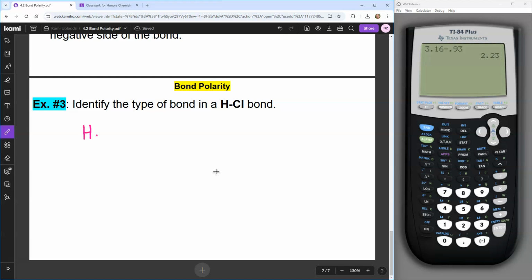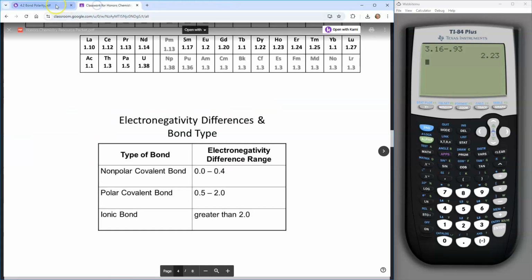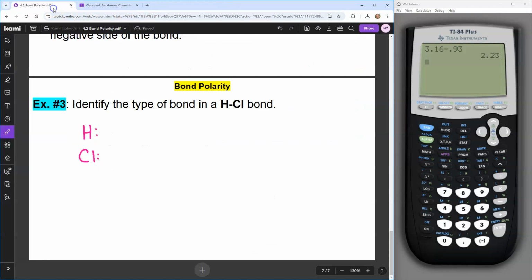All right, let's take a look at an example. Hydrogen and chlorine. Hydrogen is 2.10 and chlorine is 3.16.